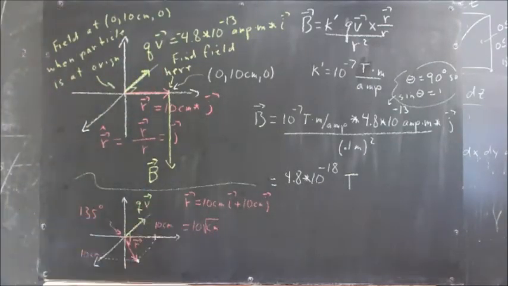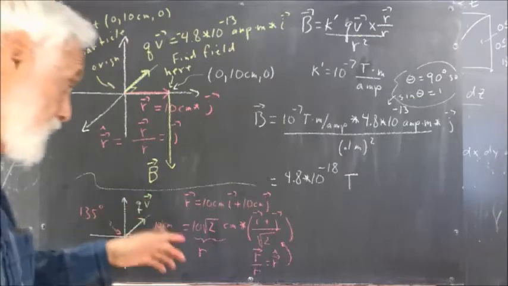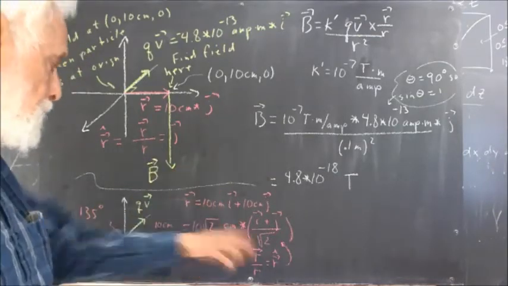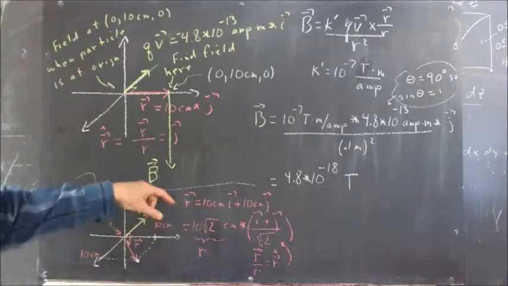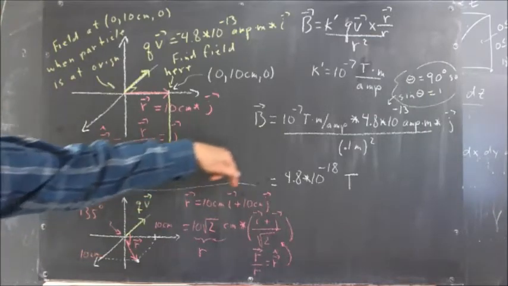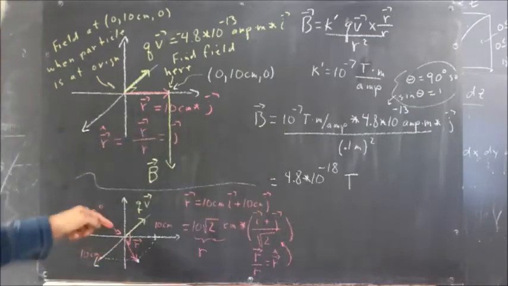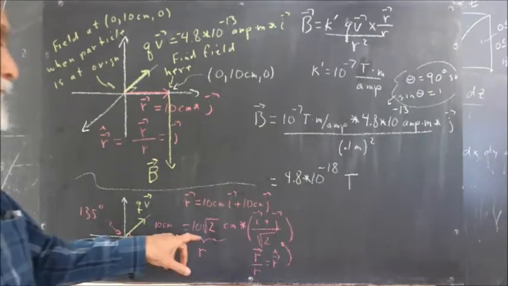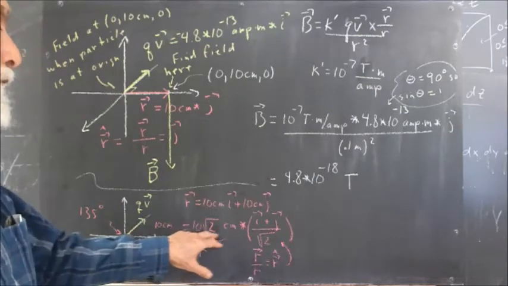The magnitude of R is going to be 10 times the square root of 2 centimeters. Okay, I've written what I intended. I put a centimeter into the square root, got ahead of myself on what I was writing. In any case, R is 10 centimeters I plus 10 centimeters J, which is very clear, and the magnitude is 10 square root of 2 centimeters.